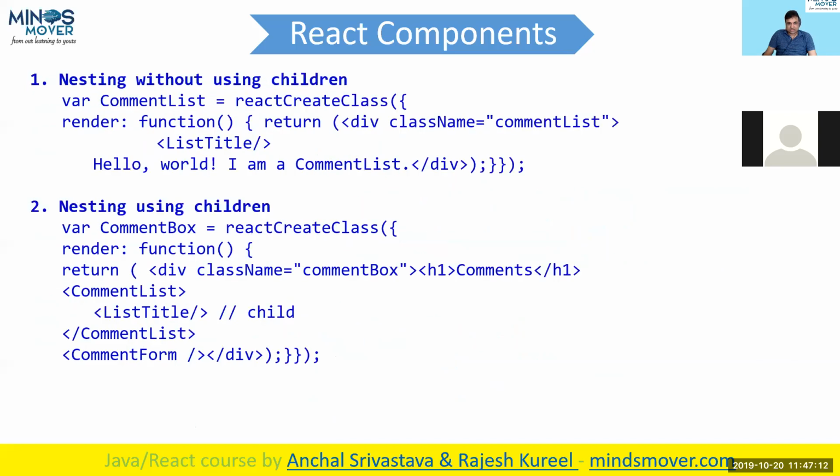Nesting can be done in multiple ways. One is without using any children, a plain vanilla nesting, where one component has another component. Another way is where one component has another component as a child. In this example, within comment list we have list title and comment list, and then comment form.